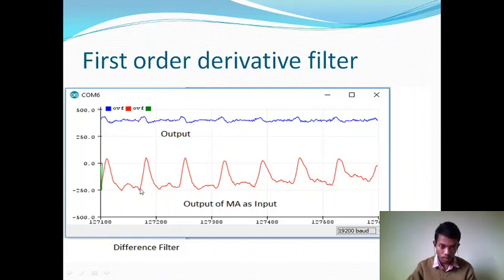Since from here to here there is an edge, or high frequency, the signal is changing rapidly. That's why we are observing ups and downs. So the first order derivative filter captures or preserves edges, because here the signal is changing rapidly. That's why we observe ups and downs in the output.